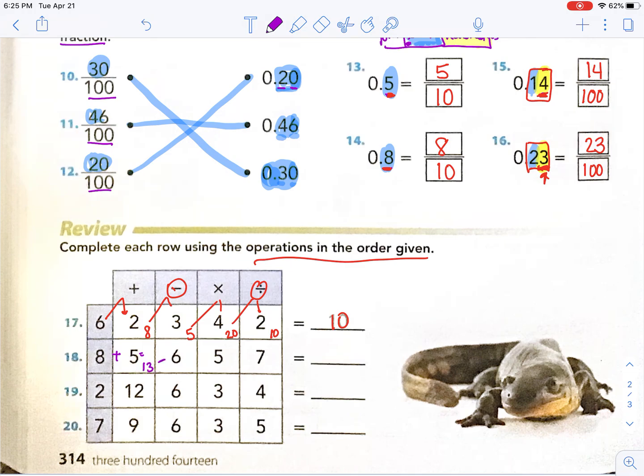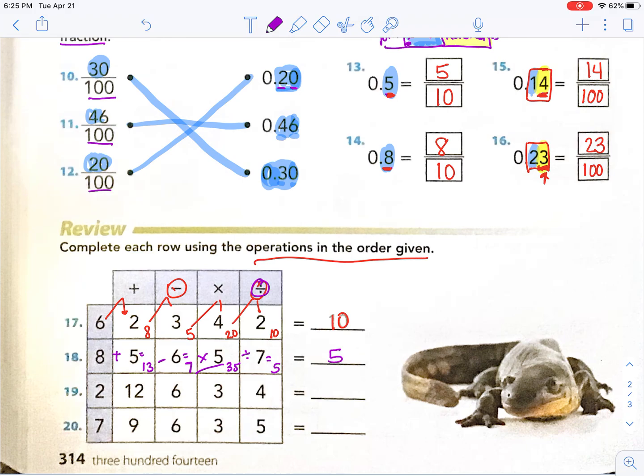And then 13 minus 6 equals 7. 7 times 5 equals 35. And then 35 divided by 7 equals what? 5. Your answer is 5.